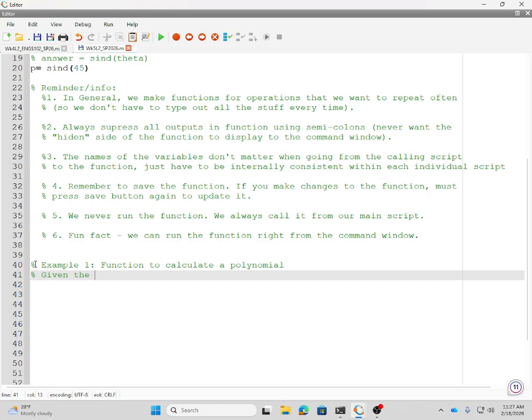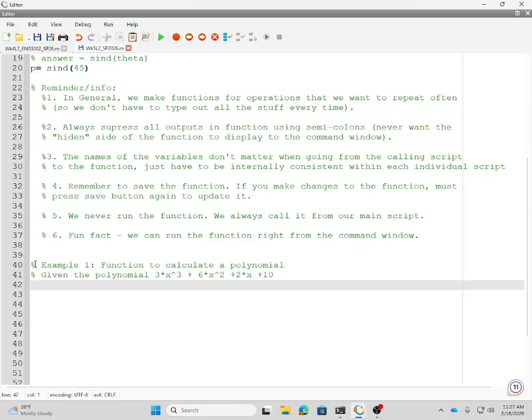So given the polynomial 3 multiplied x cube plus 6 multiplied x square plus 2 multiplied x plus 10. Okay. So you have this polynomial, you would like to create a function which will have this polynomial.